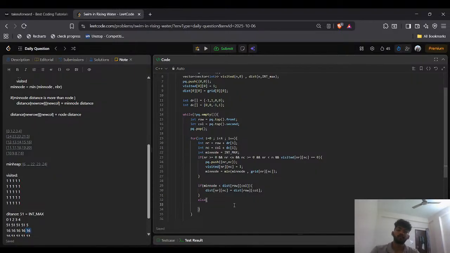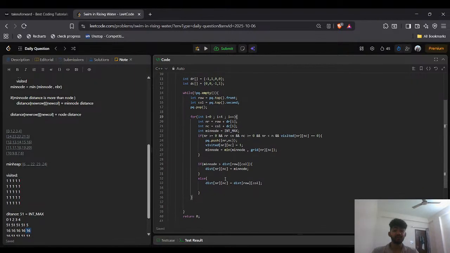Then we can do this. This will be like, wait, this is greater, we can take min node and put, sorry, where is min node? Int max, min node max or grid, of course, take the value from here.